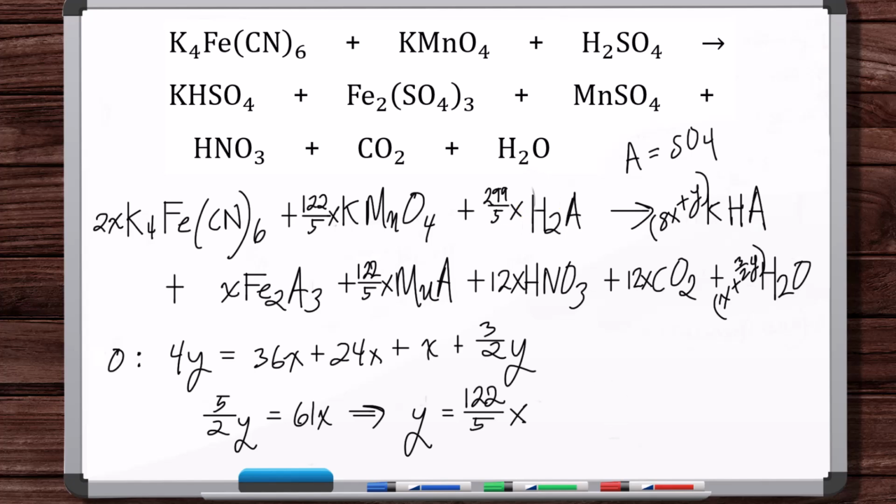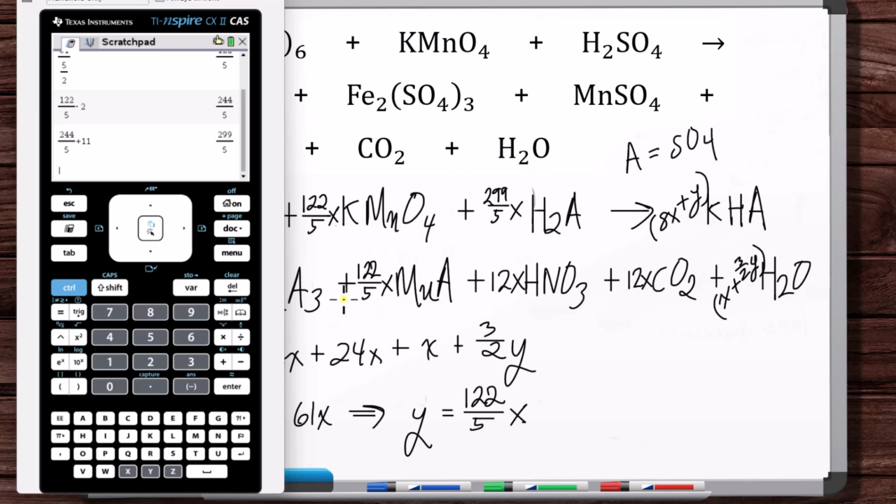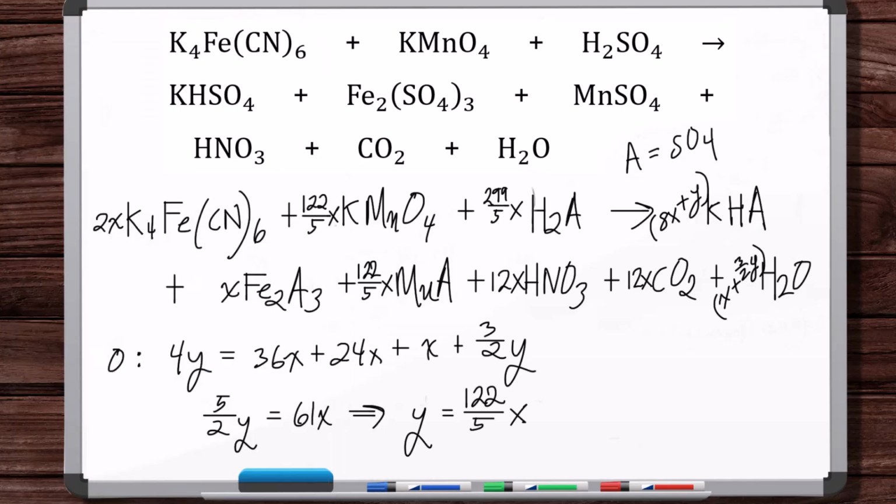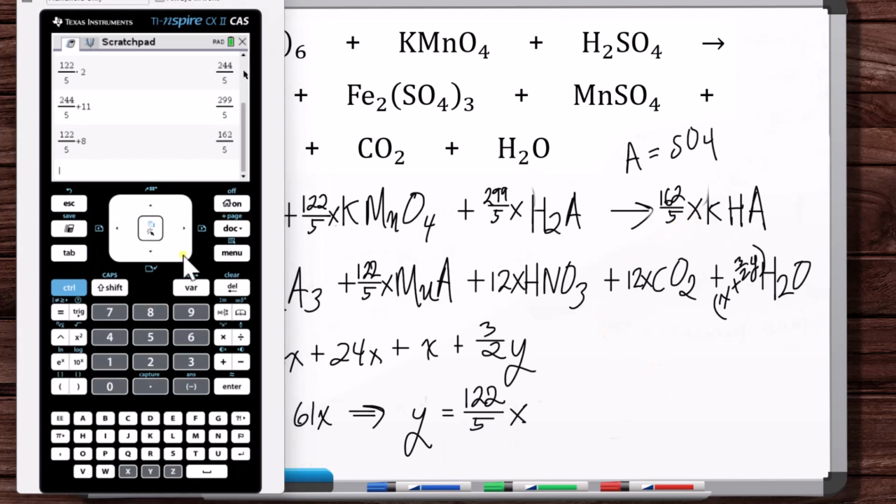Okay, now 8X plus Y, so okay, just Y, 122 divided by 5, plus 8, 162 divided by 5. Okay, now 3/2 times Y, so there's Y times 3/2, and then plus 1. 188 divided by 5.